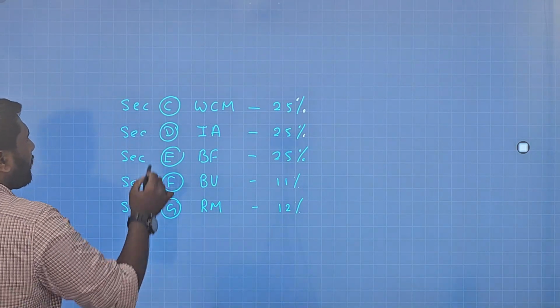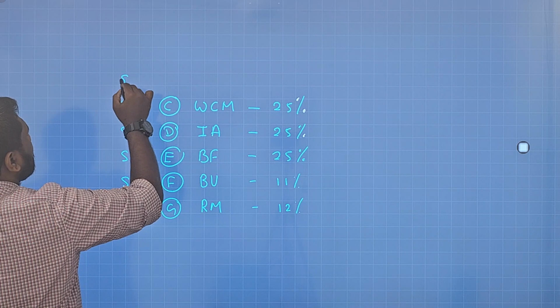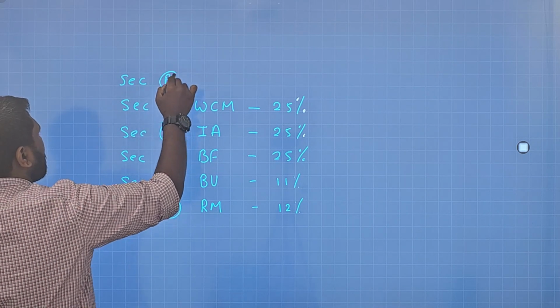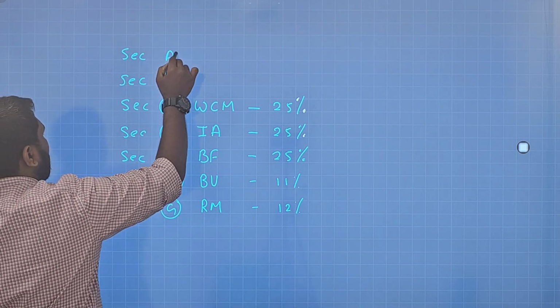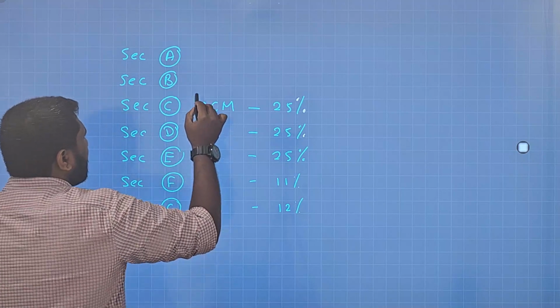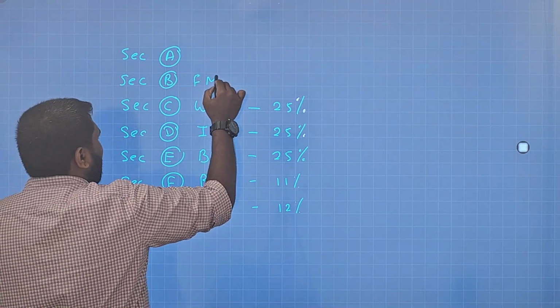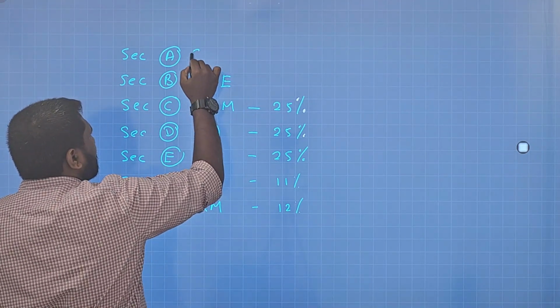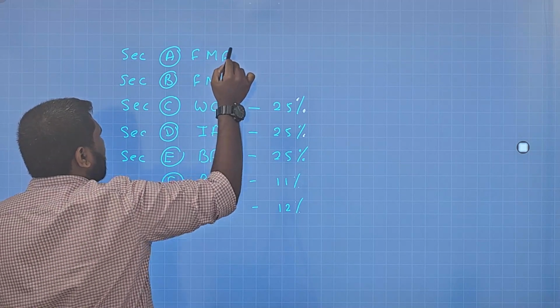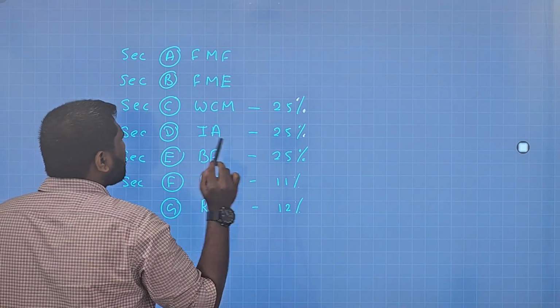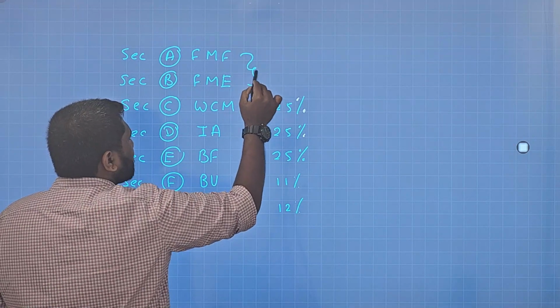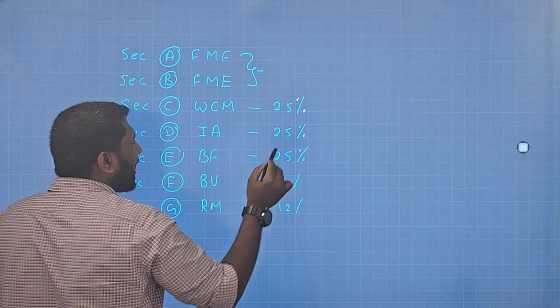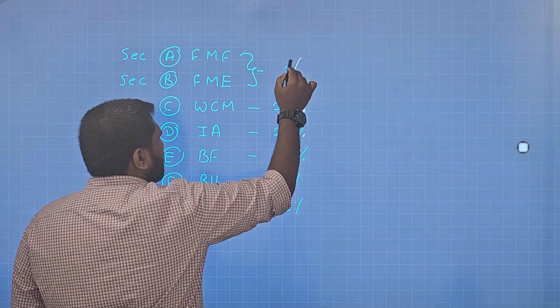And next you have Section B and Section A. Section B is the financial management environment. Section A, financial management function. So for these two sections, combined, I will give 2%.